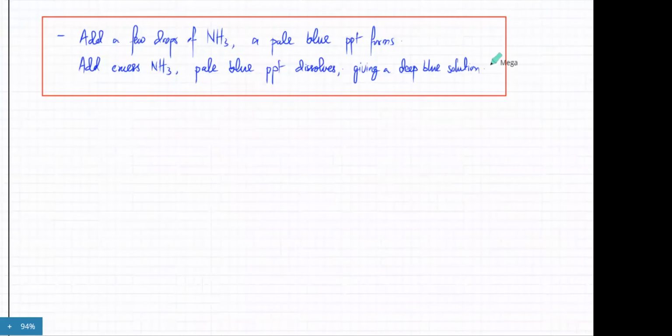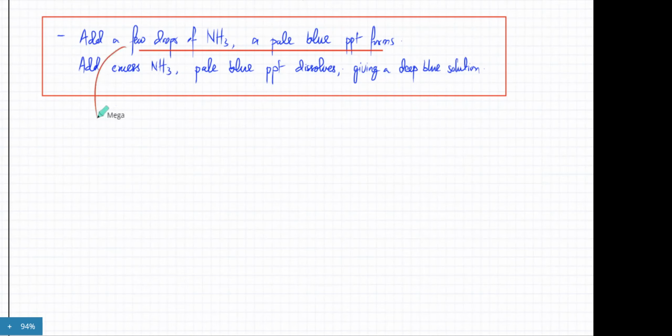So what just happened here is, let's focus on the first statement. You added a few drops of NH3 and a pale blue precipitate forms. So what happens here? Let's talk about that part first. What happens is that initially, this NH3 with its lone pairs, you just added a few drops, acts as a base initially.